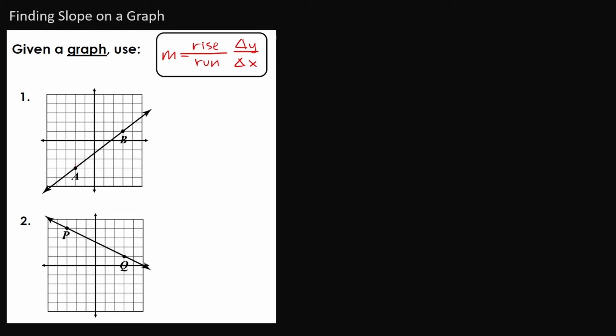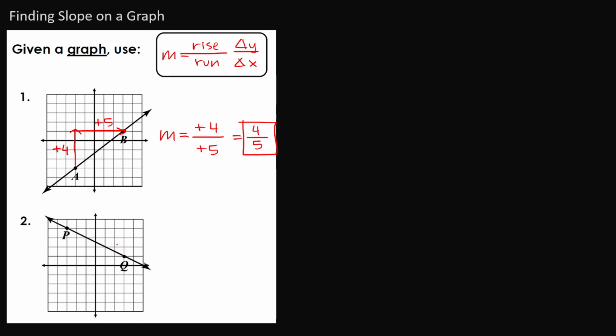So I'm going to draw an arrow up to the level of point B. And I notice that I'm moving up 1, 2, 3, 4 points. The change in y, or the rise, is up 4. The run from left to right from this arrow I drew would be 1, 2, 3, 4, 5. Since I'm moving to the right 5, that is a positive 5 change. So my overall slope of this line would be positive 4/5.